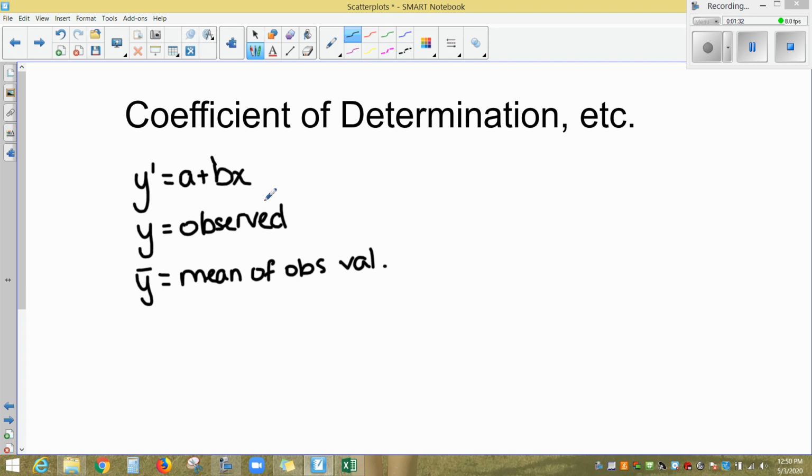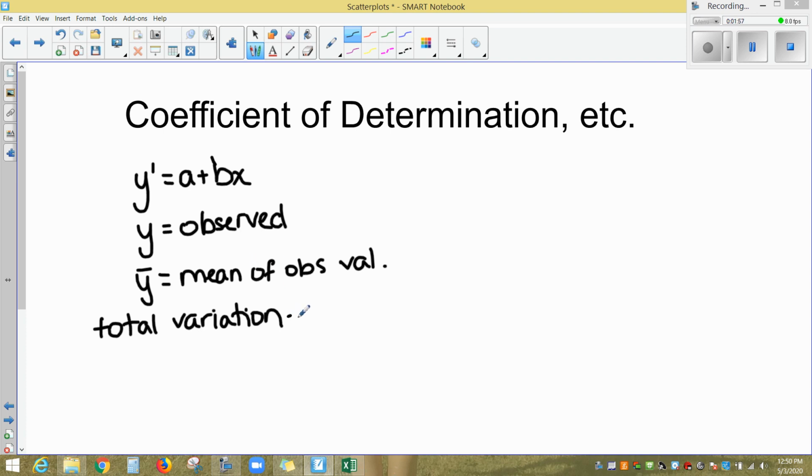When we talk about the total variation of my data, if we're comparing distances from this regression line, whether it's our observed distances or our distance away from the mean values, we will be talking about variation.